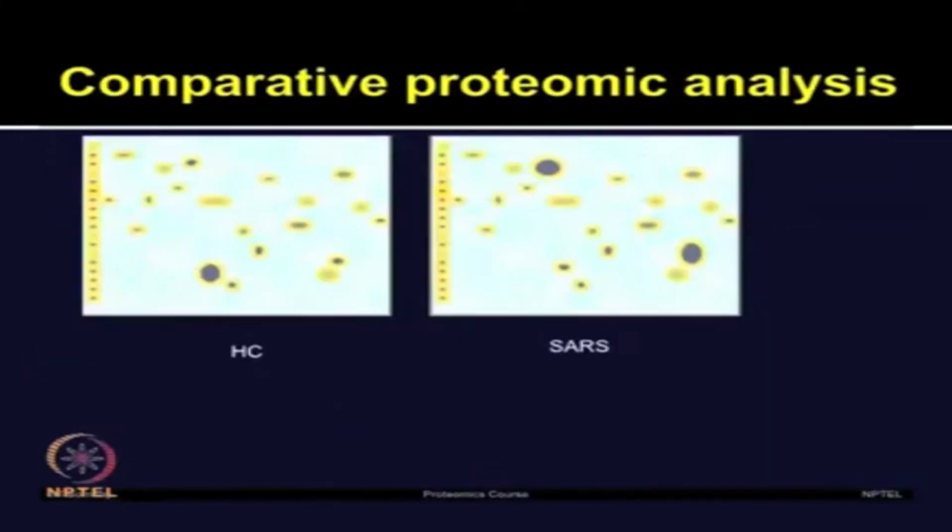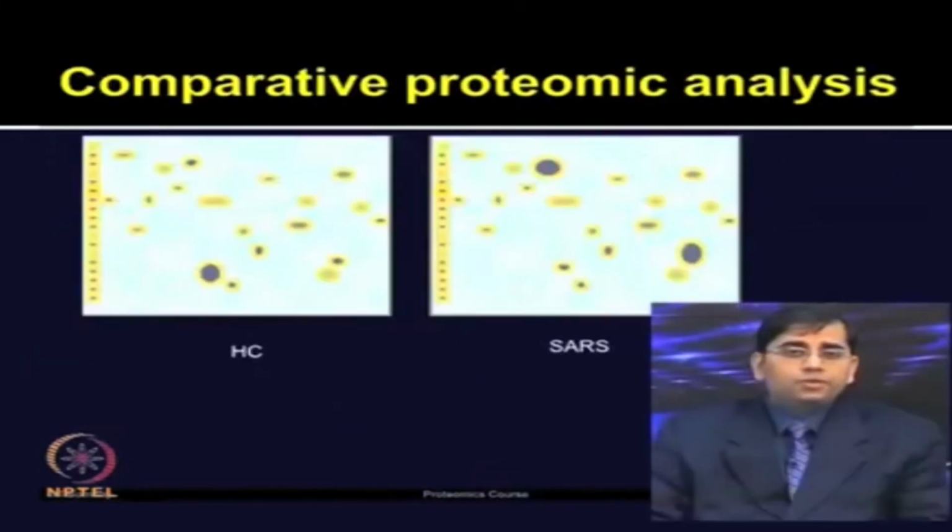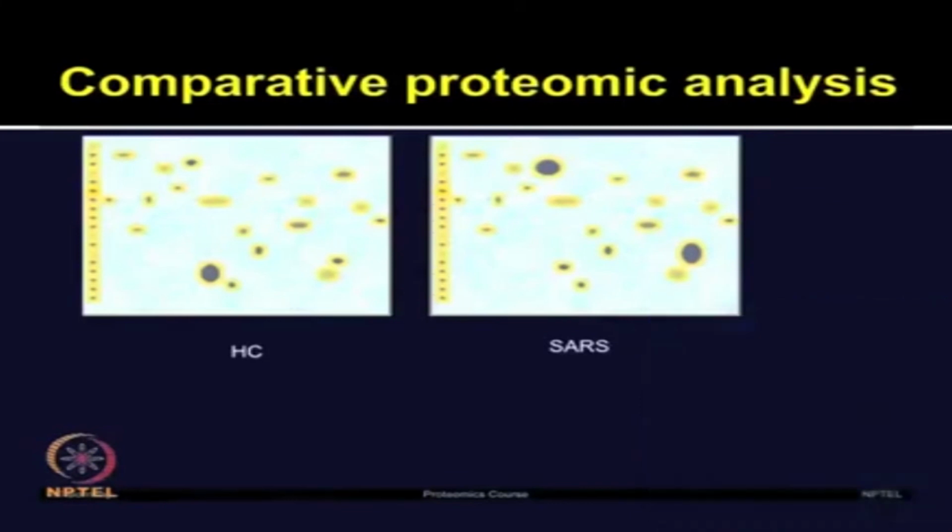The comparative proteomic analysis of these 2D gels revealed that 38 protein spots were differentially expressed, with more than two-fold change. Out of these spots, 35 proteins were upregulated and 3 were downregulated.